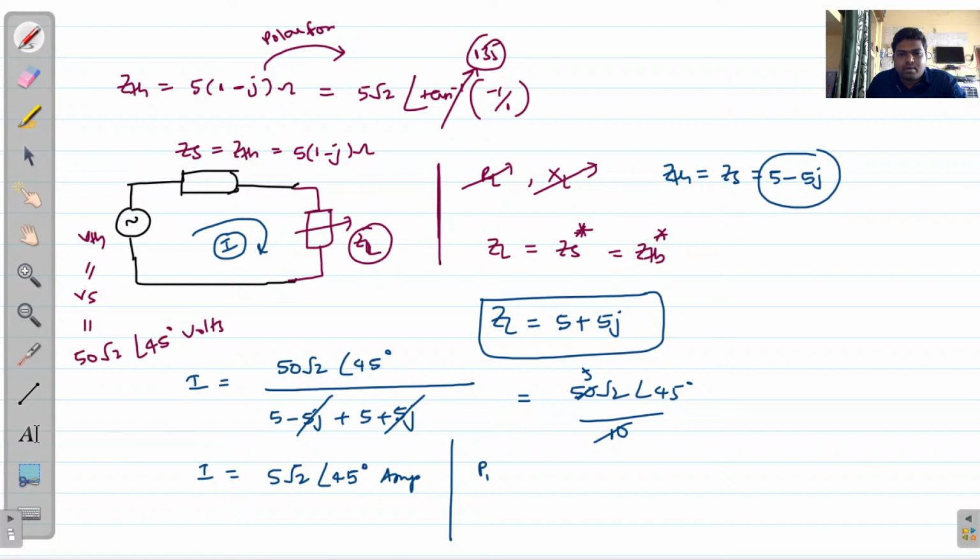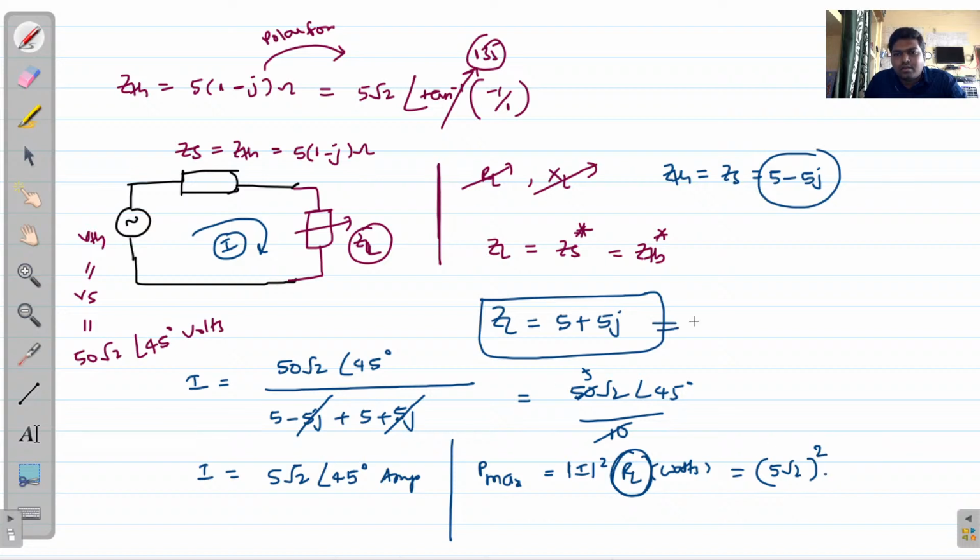And next, power P maximum equals to mod I square into RL. Okay, mod I square into RL. This formula is very very important. So RL, okay, you can substitute the RL value only. So here I square equals to how much? 5 root 2. Don't take the phase value while taking power calculations. So 5 root 2 whole square, and RL equals to how much?